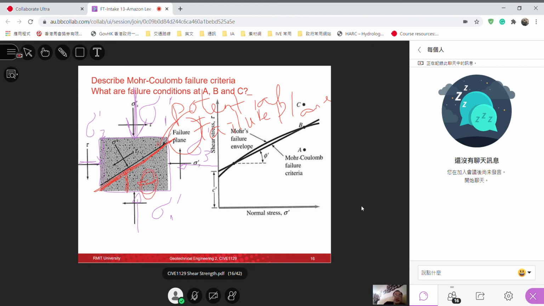What is going on is that we mobilize the maximum normal stress developed perpendicular to the potential failure plane, and also the maximum shear stress, tau maximum, developed across this plane. I'm running out of space.